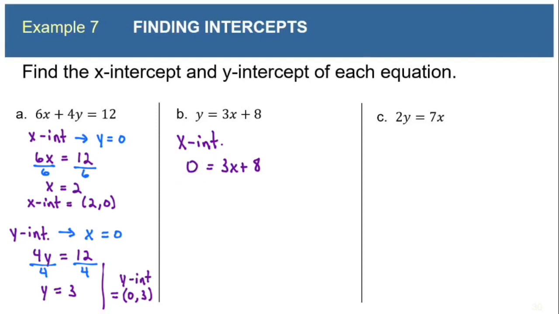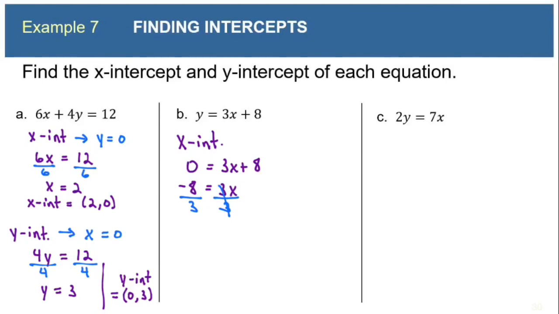So we can't write nothing. Like over here, we didn't have to write the 0 because there was other stuff on the same side of the equal sign. But in this case, there is nothing else on the left side, so we do have to write 0 there. Okay, now I want to isolate the x, so I'll move the 8 to the left side of the equation, and so that'll give us -8 equals 3x, and then divide both sides by 3, and we can see that x equals -8/3.